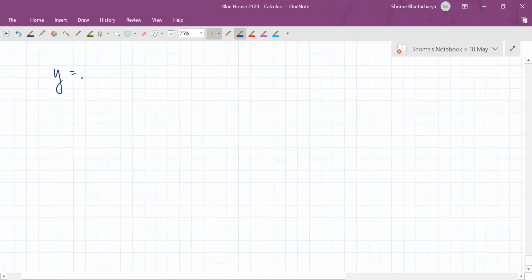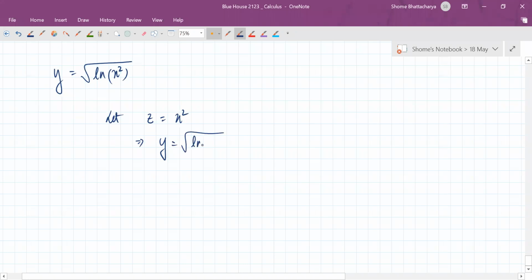So we can also interpret this function like this, that okay, let's take z as x square. So y becomes square root of ln of z. So it's still a composite function. So next, let's take ln z as some new variable, let's say u.